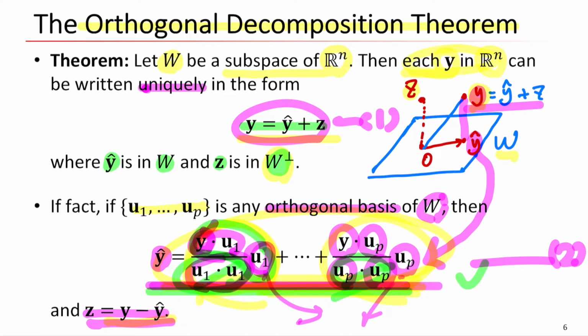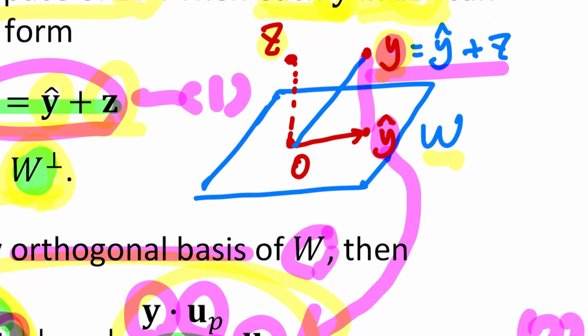Then there was a very important theorem called the orthogonal decomposition theorem. In this theorem, we want to decompose an arbitrary vector y in R^n into y hat plus z, where y hat is in W and z is in the orthogonal complement of W. If we have an arbitrary subspace W and an arbitrary vector y, we find the orthogonal projection vector y hat and the orthogonal complement component z, so we can decompose y into y hat plus z.